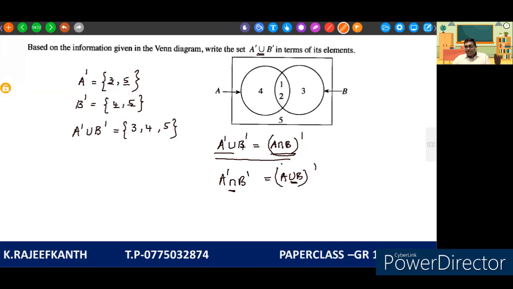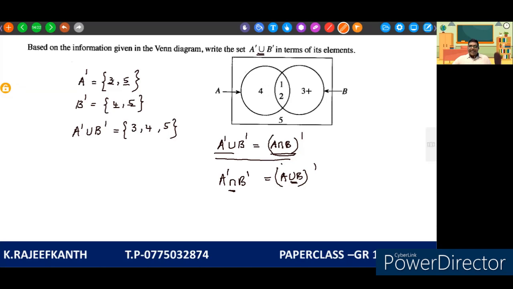Here A dash union B dash, so we can write it as A intersection B whole thing dash. A intersection B is 1 and 2. Whole thing dash means we can't get the elements 1 and 2 only. So we can write 3, 4 and 5. So in this way also we can find the answer for this. Otherwise, directly we can find it.